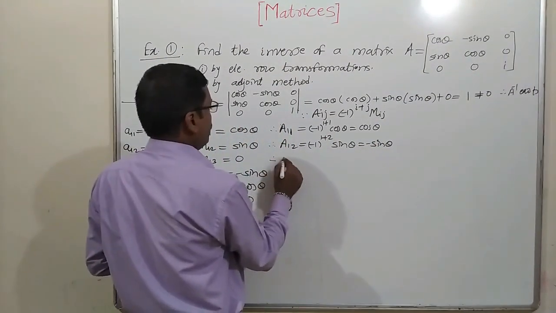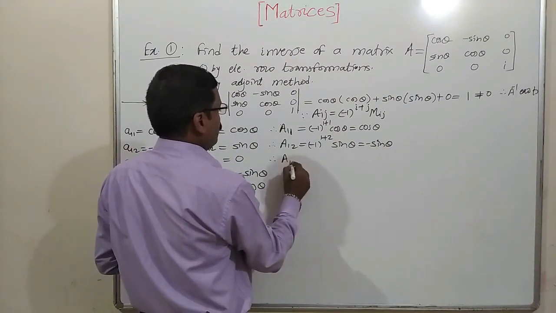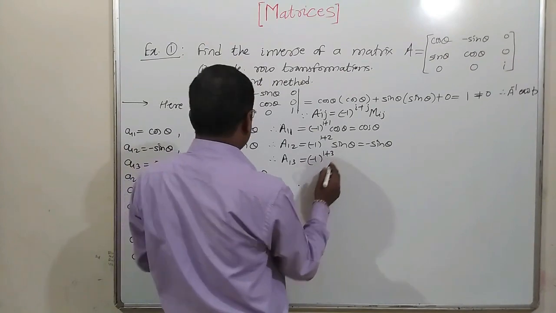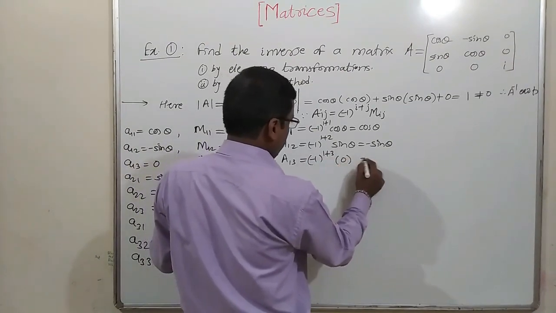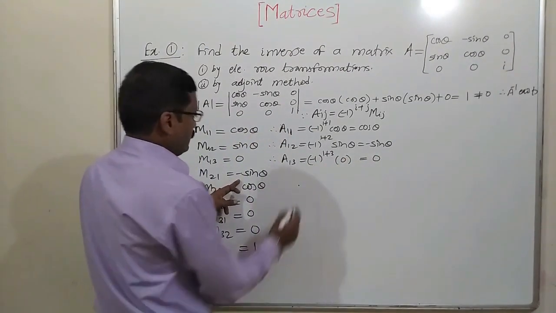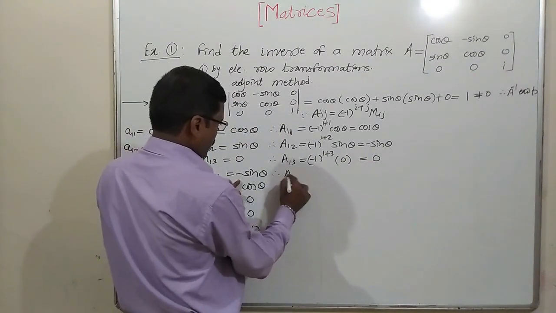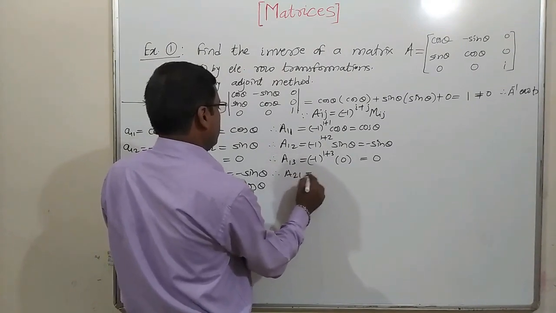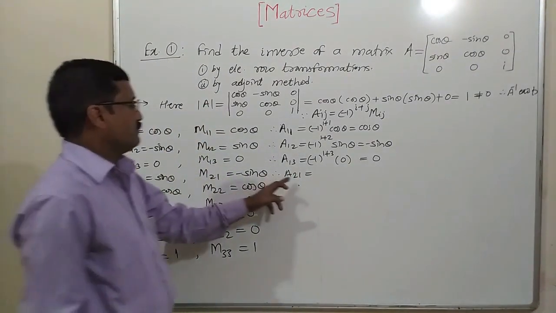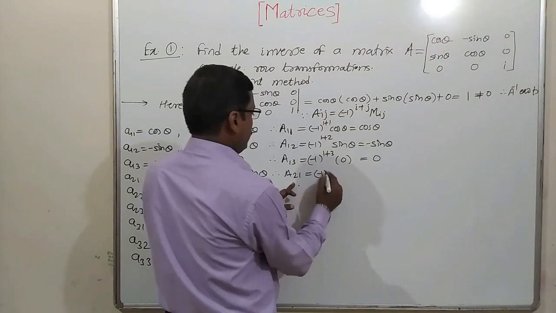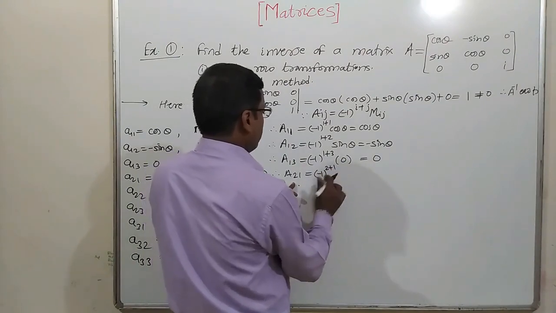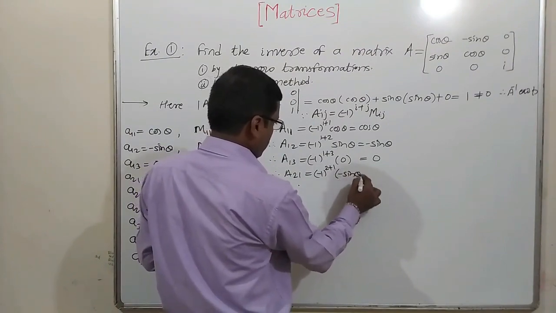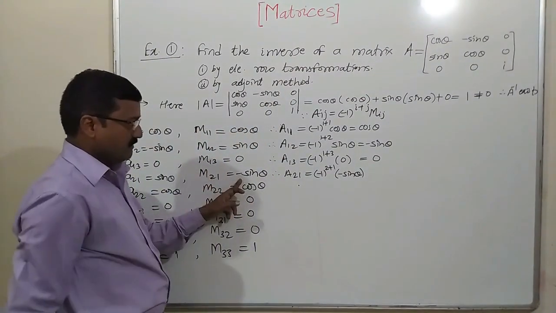Then next, A13 is equal to minus 1 raised to 1 plus 3 into minor is 0, so answer will be 0. Next, A21 is equal to minus 1 raised to 2 plus 1, that is plus 1, into minus sin theta, which is the corresponding minor.